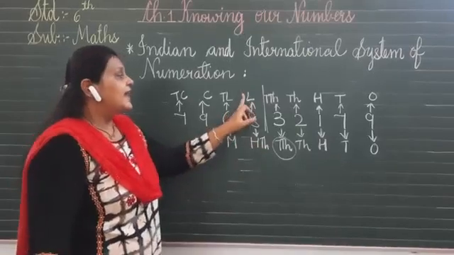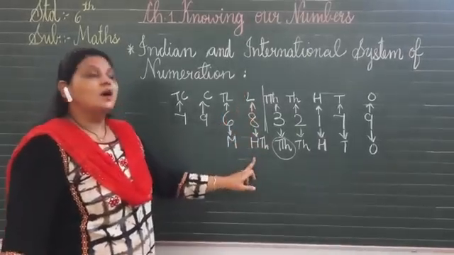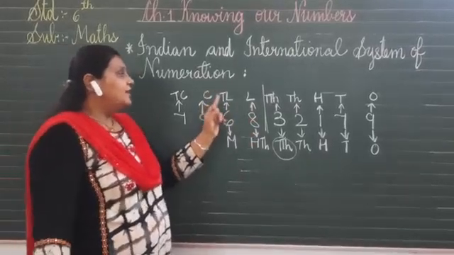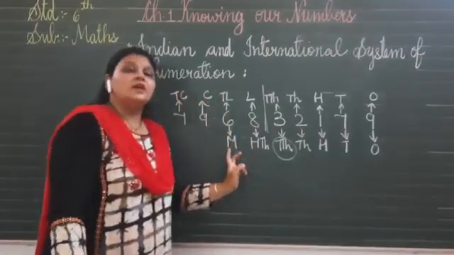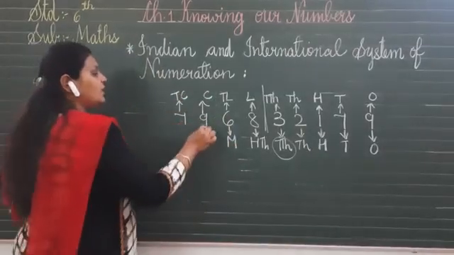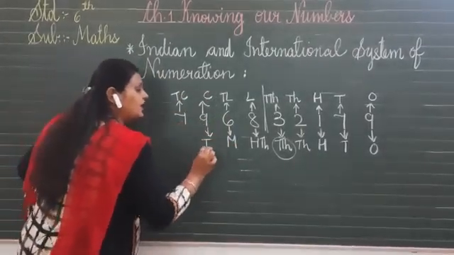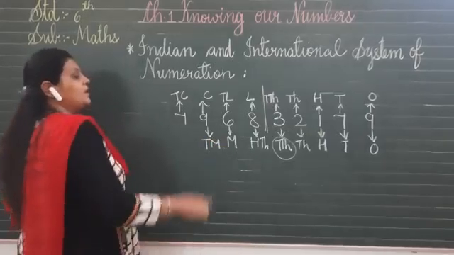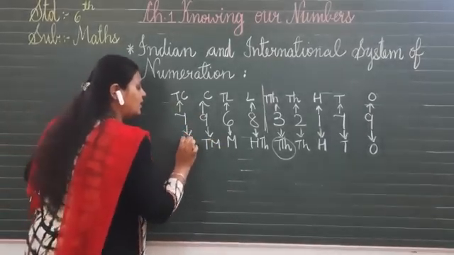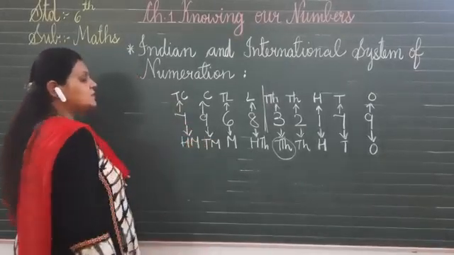In place of lakh, we need to take 100,000. Instead of taking 10 lakh, we have to take million. Instead of taking crore, we have to take 10 million. Instead of 10 crore, we need to take 100 million.